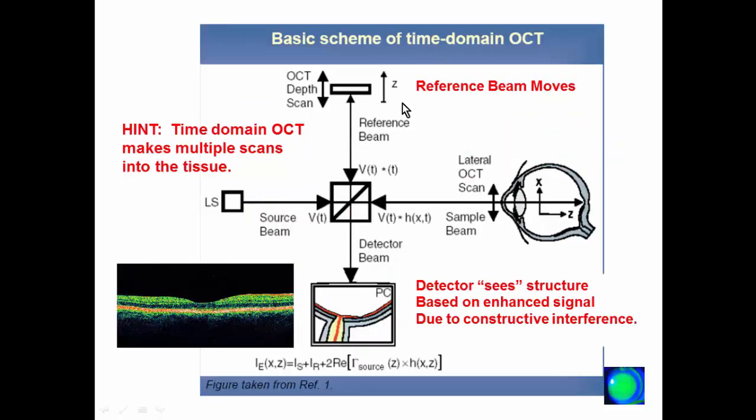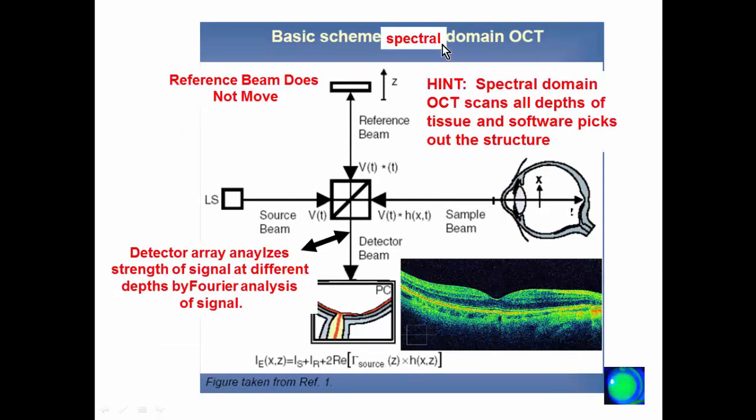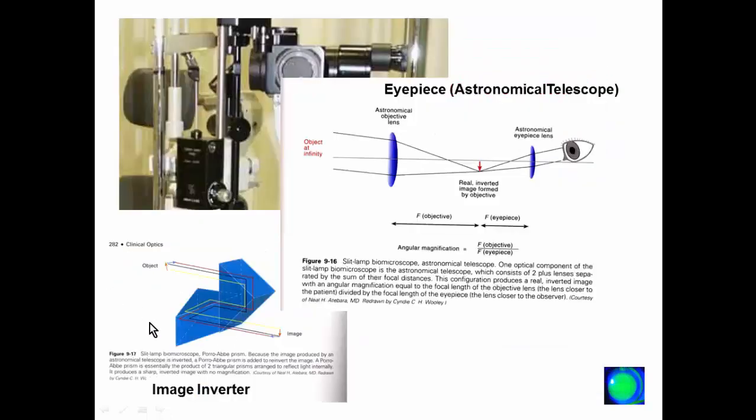Time domain OCT has a movable mirror that samples different layers of, in this case, the retina at different times. Spectral domain OCT has a fixed mirror, and all the light leaves the retina and enters the system, and the computer calculates the different transmission of the different reflectances of light through the retina by using a Fourier analysis.